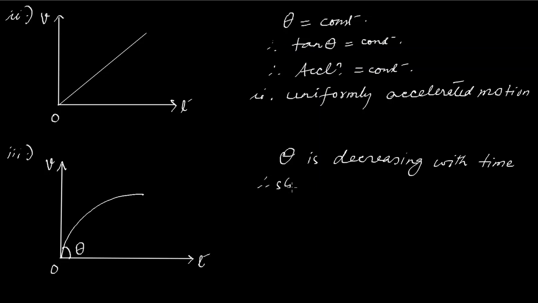So therefore slope is decreasing with time. So therefore acceleration is decreasing with time. Okay, so if the acceleration decreases with time, does this mean that it is retardation? This is not retardation. Basically the acceleration goes on decreasing with time, but it is not retardation.